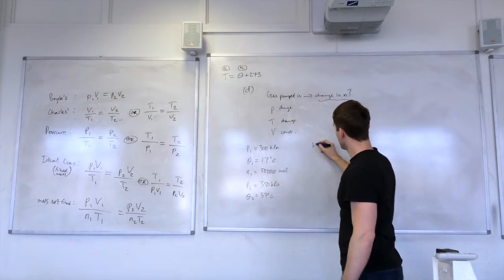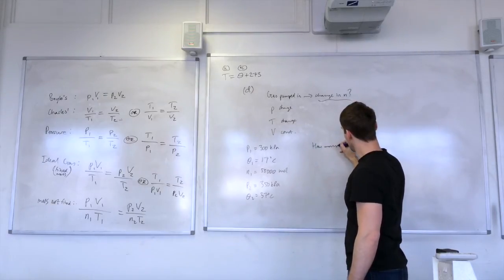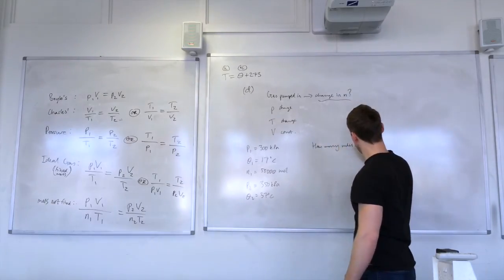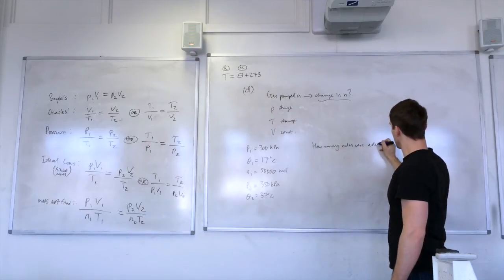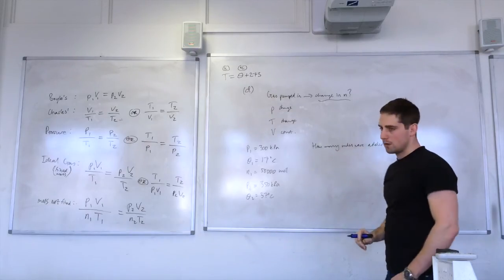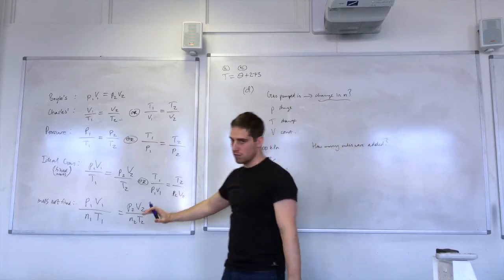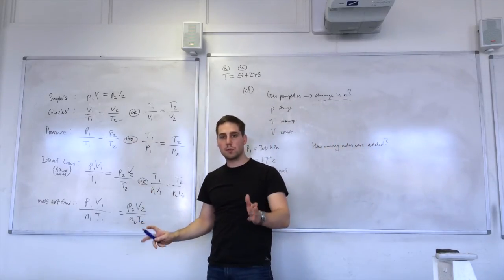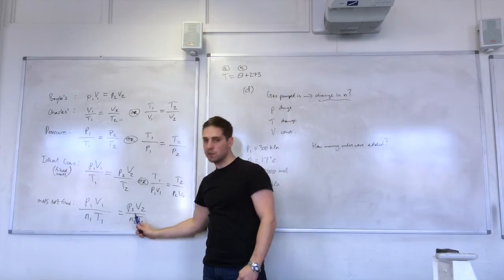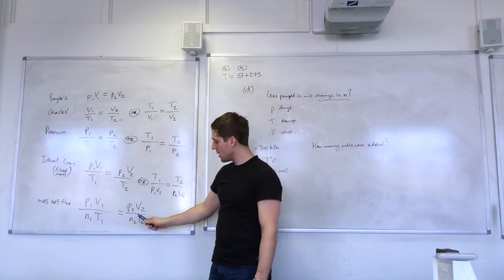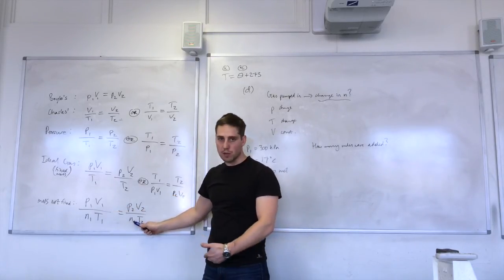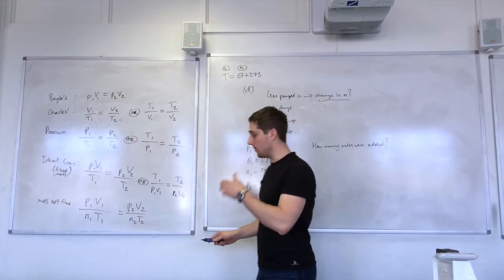That's what we want to find out. We want to find out how many moles are added. So therefore we need to use this equation. What we'll do is calculate N2 and then deduct N1 from it. We want the variant of this equation where N2 is on top.